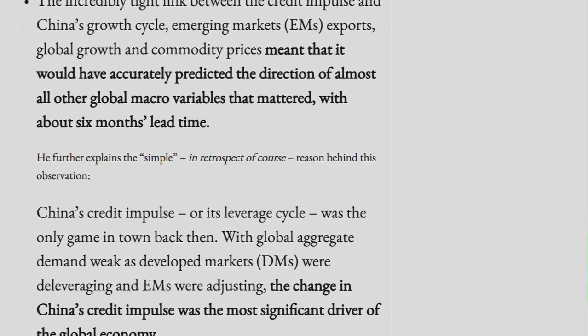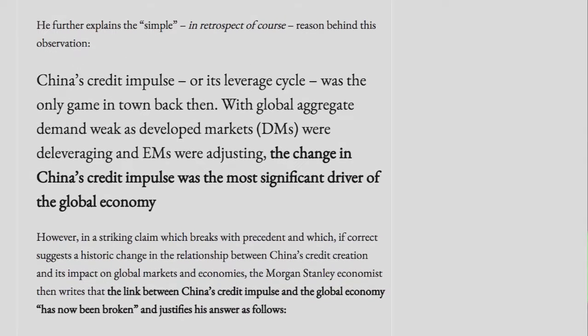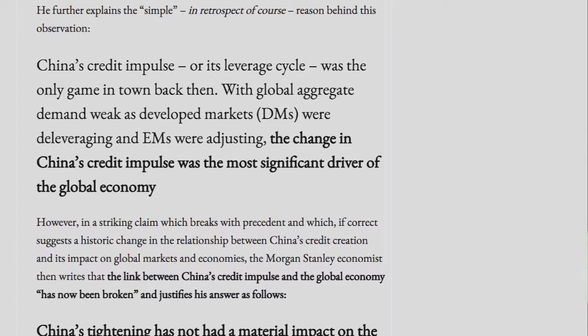He further explains the simple, in retrospect of course, reason behind this observation. China's credit impulse, or its leverage cycle, was the only game in town back then. With global aggregate demand weak as developed markets were deleveraging and EMs were adjusting, the change in China's credit impulse was the most significant driver of the global economy.